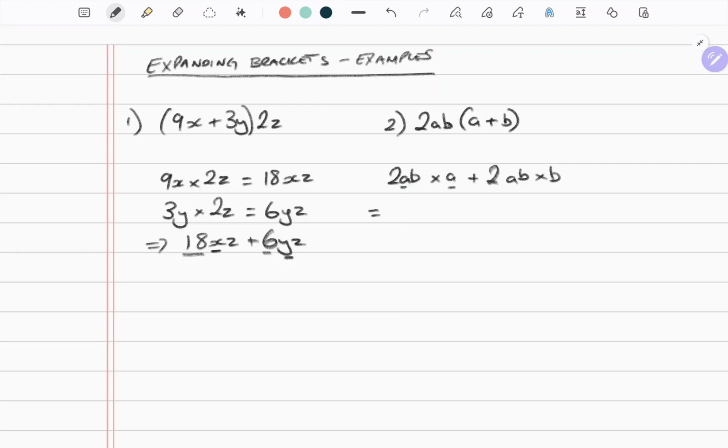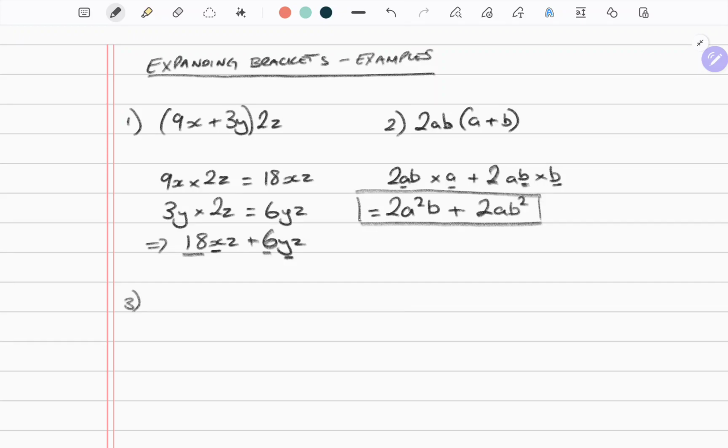We have a's are the same here, so that's going to be a times a is a squared. Everything will stay the same, so 2a squared b plus, and then we have the similar sort of thing going on here, so we have plus 2ab squared, and that is your final answer there.